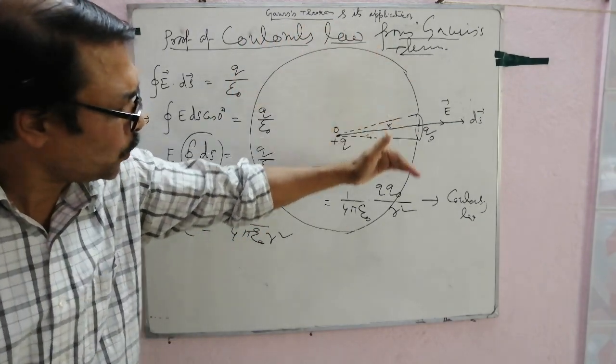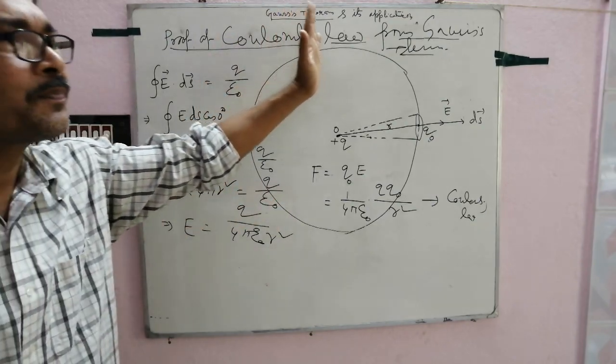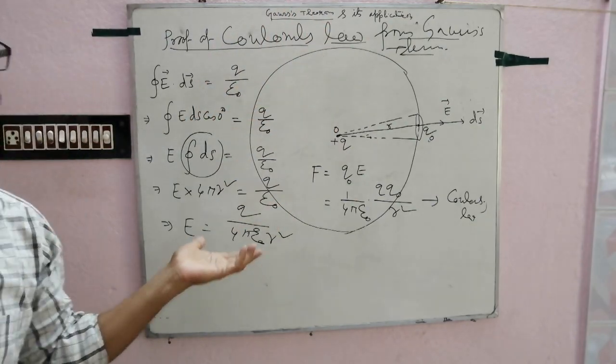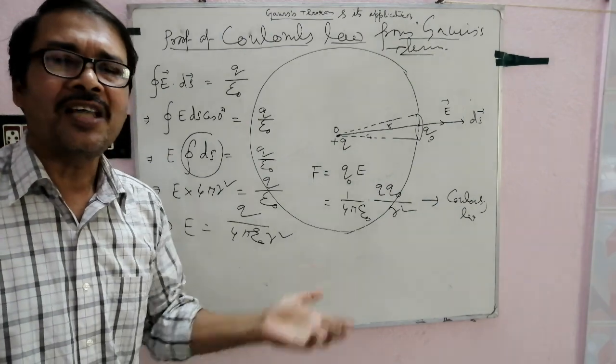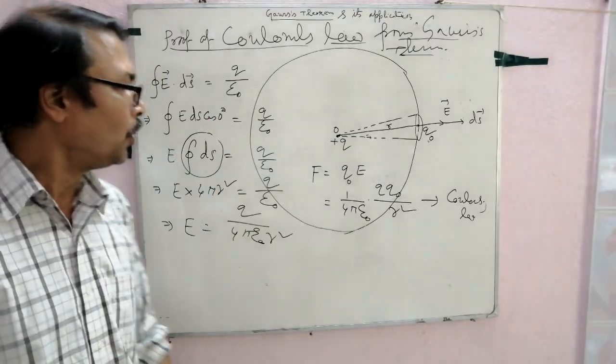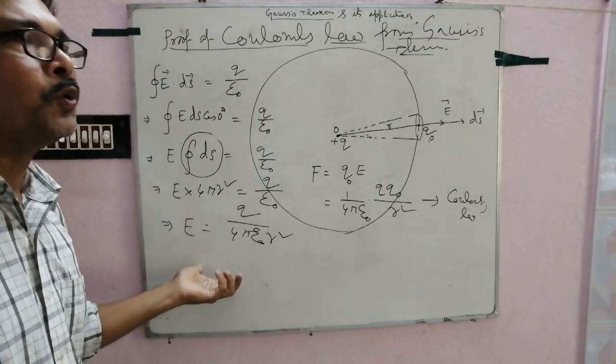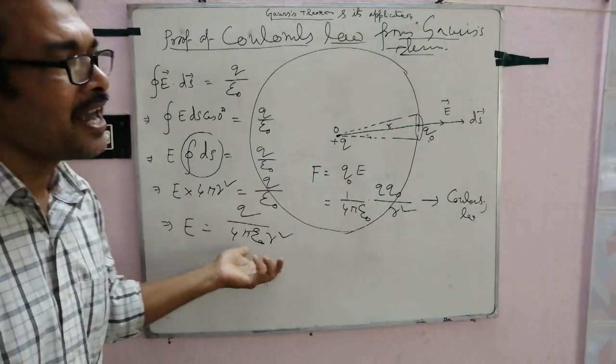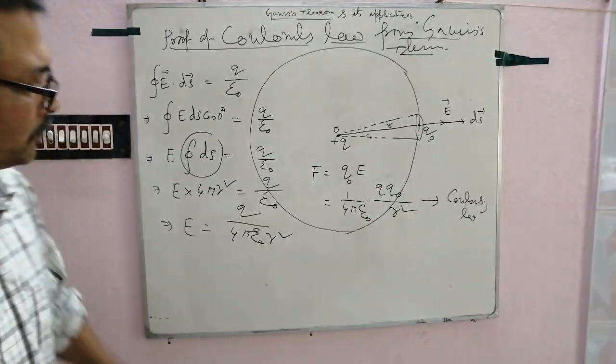We consider the total Gaussian surface to be a sphere. If we take a non-symmetrical surface, with the help of solid angle we can prove it easily and reach the same result. Okay, follow it.